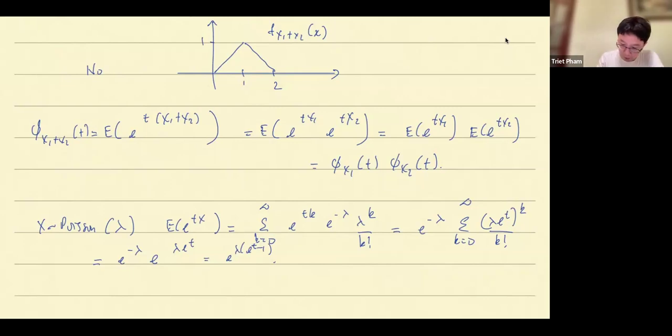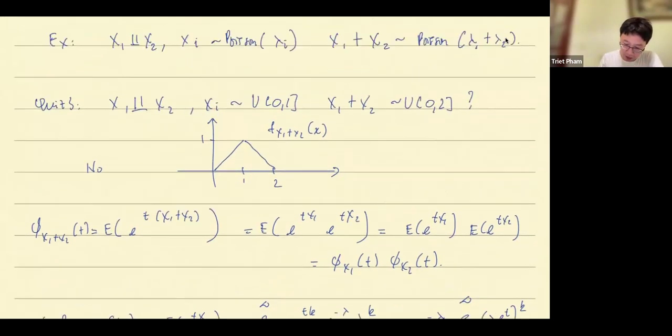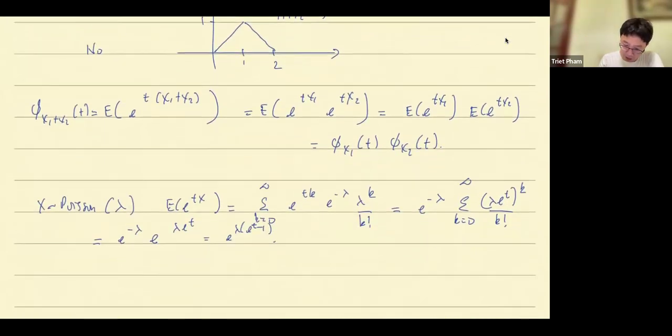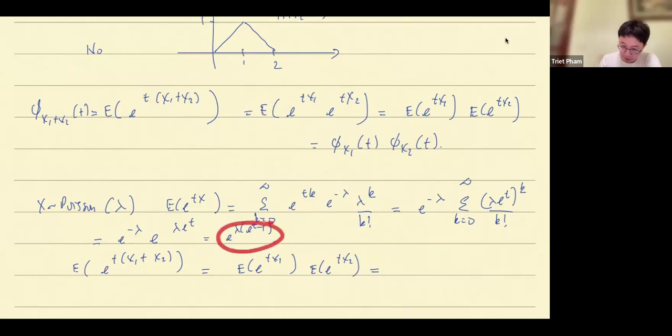And so when we have two independent Poissons like this, then the moment-generating function, as we explained above, is the product of the individual moment-generating functions, and each of them is of this form.